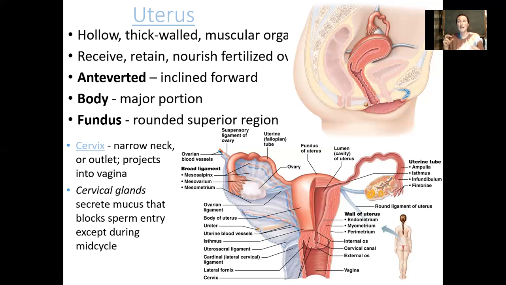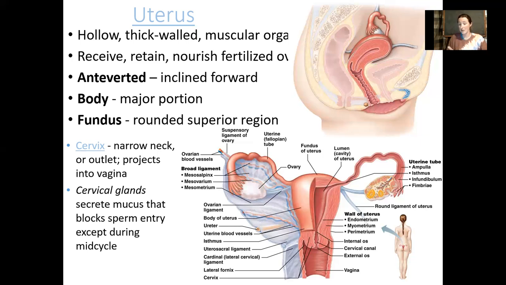So the cervix, the neck between the uterus and the vaginal canal, is lined by glands. And so this is yet another way that the female reproductive system changes. Essentially, it blocks the entry of sperm into the uterus when she is not fertile.